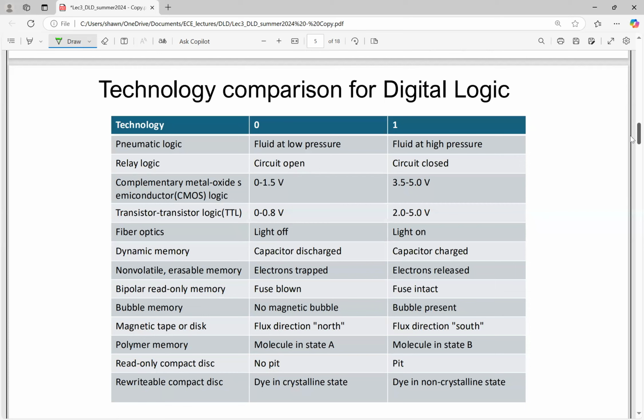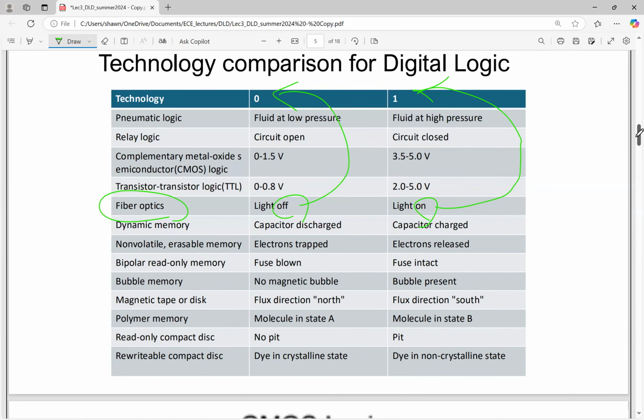For example, if we employ fiber optics technology to implement this digital logic function, we just employ the light on and off. If the light is off in the fiber optic system, it indicates logic value 0. If the light is on, it means logic value 1 in the digital logic function.